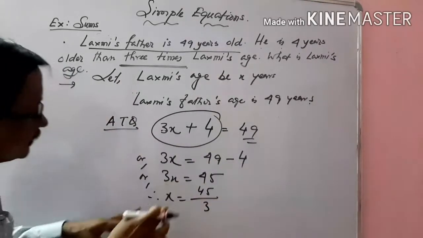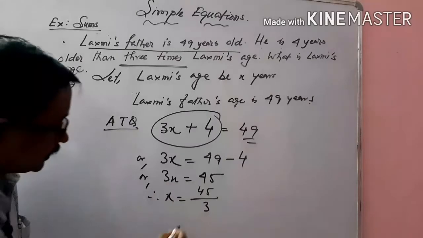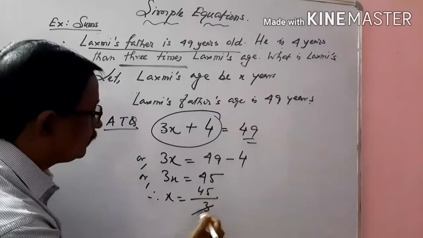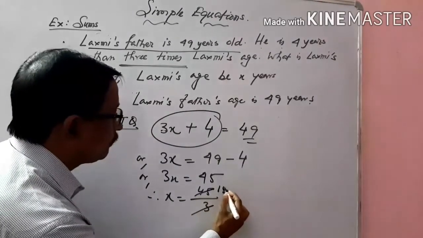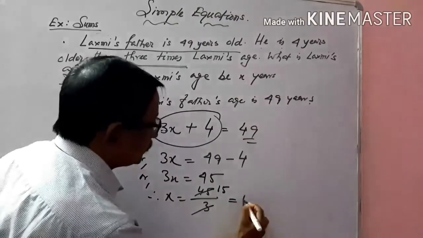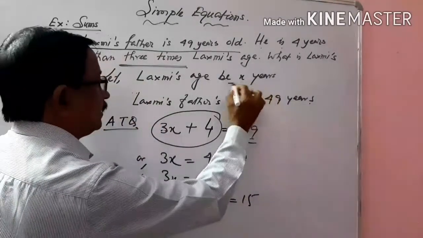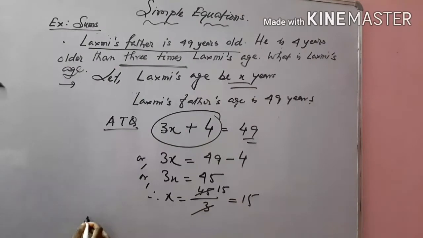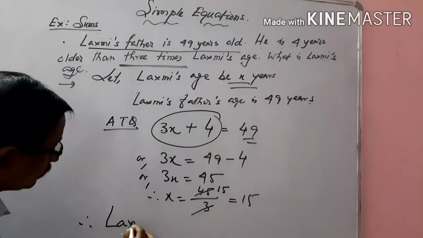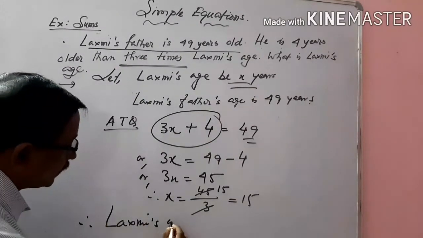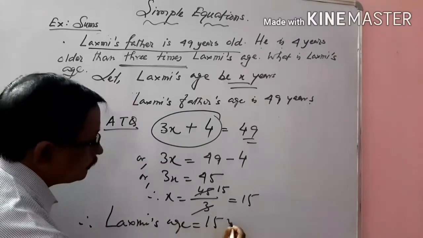As 3x is there, 3 will come down, then it will be 45 by 3, and cancel it, that is 15. So x, what you have taken? X is Lakshmi's age. So therefore what you write? Therefore Lakshmi's age equal to 15 years.